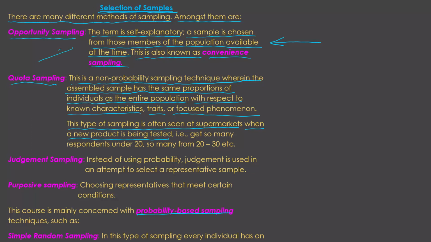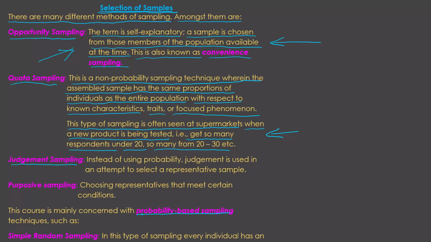Yes, there's a certain amount of opportunity sampling involved with that, but with quota sampling, you get so many respondents under 20, so many from 20 to 30, etc. So in other words, the person conducting the survey is trying to fill a quota of different demographics.